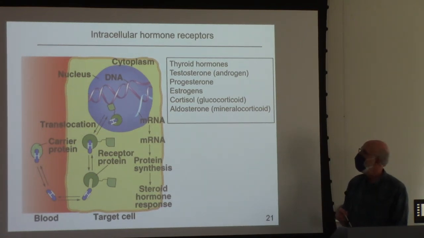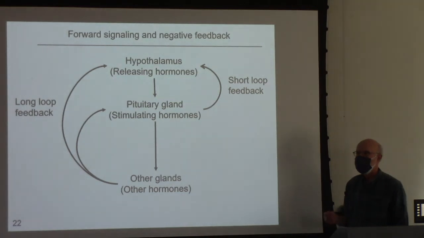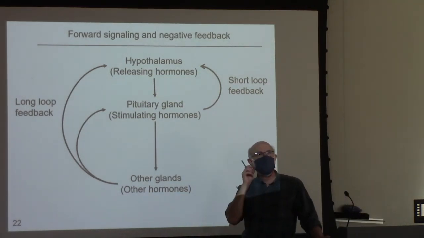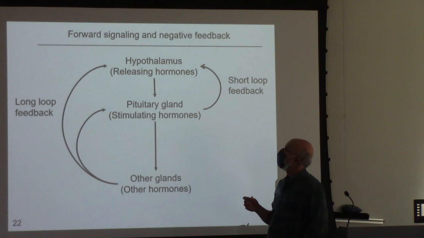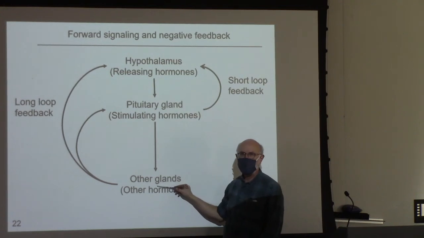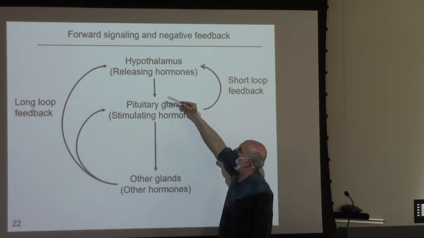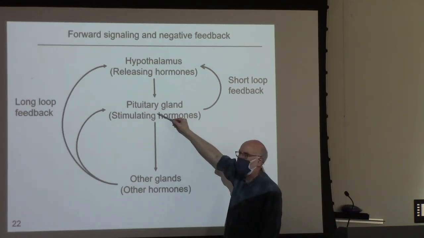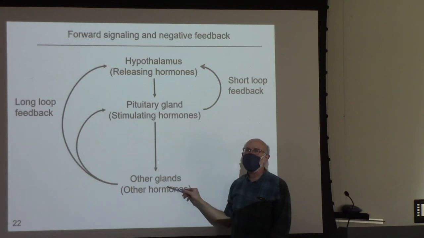Okay, now I want to introduce a general concept. So we're going to talk about a general concept, and we're going to be using this general concept over and over and over again as we get specific. A general concept is that we have positive feed forward. So one hormone stimulates another cell to produce a hormone, let's say, and another cell produces a hormone that has effects.